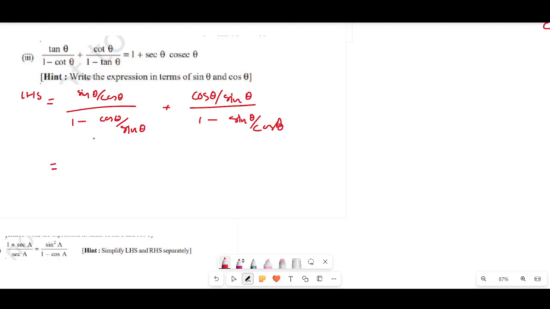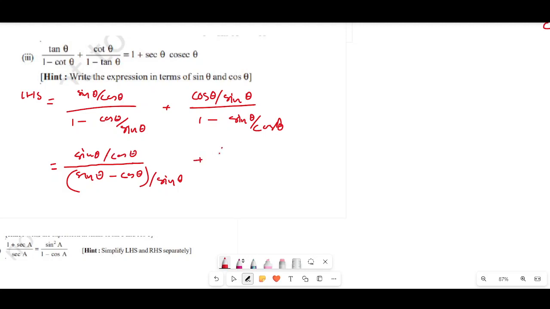Then we can simplify it here: sin theta minus cos theta upon sin theta, upon sin theta. Now sin theta upon cos theta.